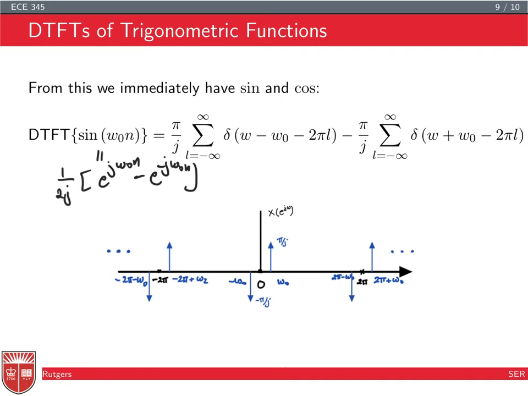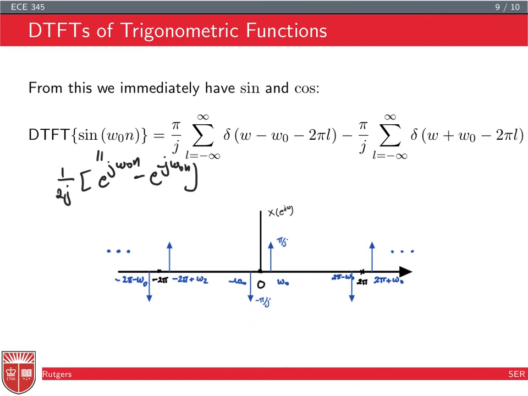So this is an exponential function, and usually this is more a representation of the graph, because now X of e^(j omega) is complex, so it's not real. This is more of a conceptual graph here, because I have minus pi by j. If this is the y-axis, I assume that the signal is real, but this is just to tell you how the signal looks.